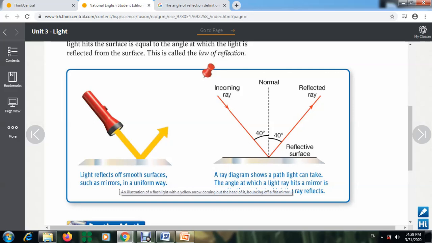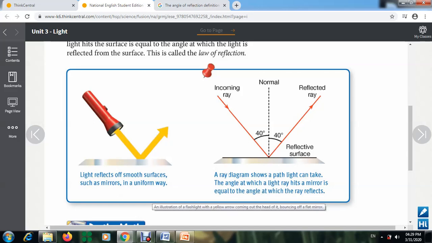Because of this uniform reflection, we can see our images. If the light is not reflected in a uniform way, as in rough surfaces, we will not be able to see our images. To understand this, I want you to listen to this video. Then we will continue talking about the law of reflection.